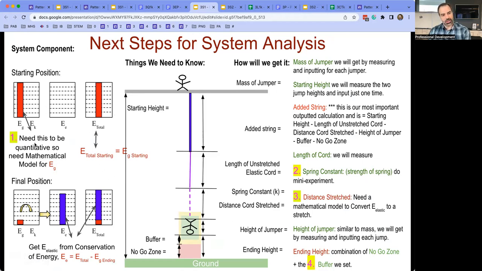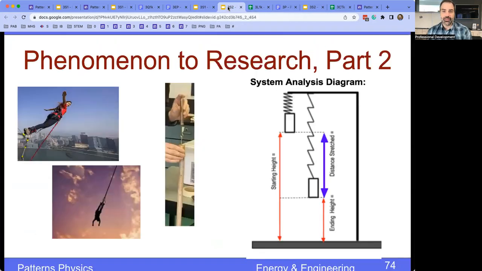They're going to go and do a POGIL-like activity to get the mathematical model for gravitational energy, and then they need it for elastic energy as well. So I'm going to skip ahead to that one and just talk about an analogous system of study. No, we're not going to go measure people bungee jumping. We're going to have an analogous system of study, as we so often do.